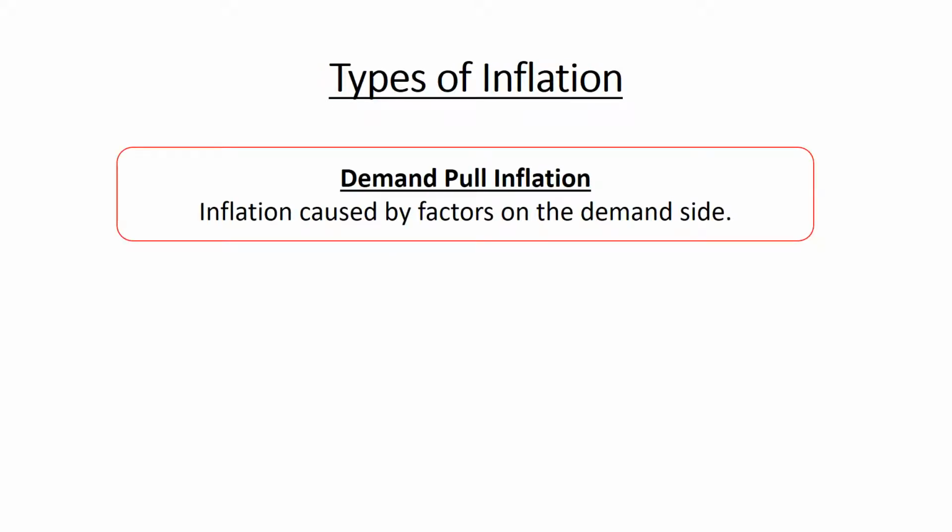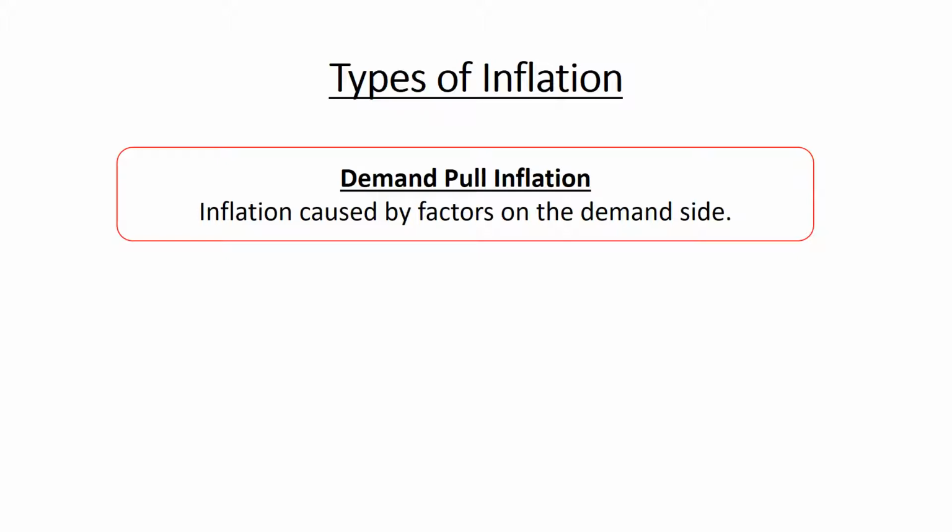The last area for us to cover in this topic for this course is types of inflation. We distinguish between what is called demand pull inflation, inflation caused by factors on the demand side. Suppose our incomes increase and we start buying more, that may create pressure for prices to increase.